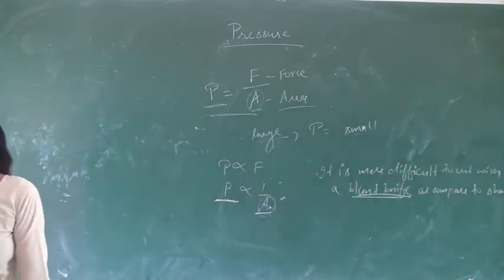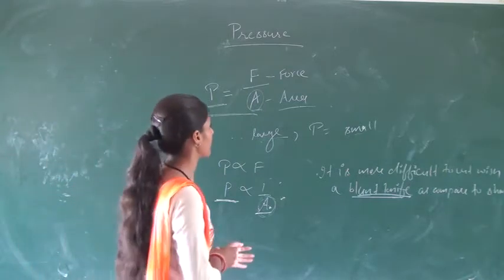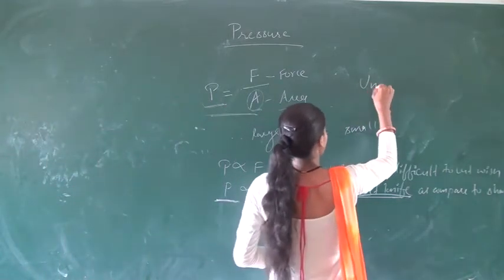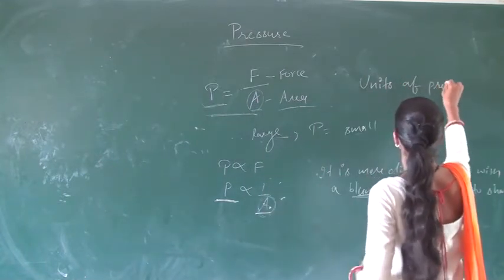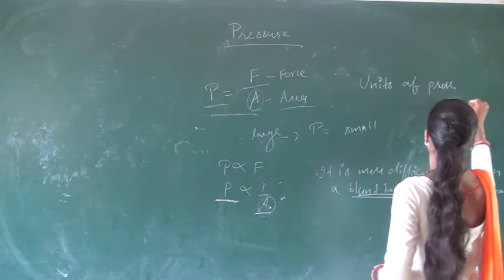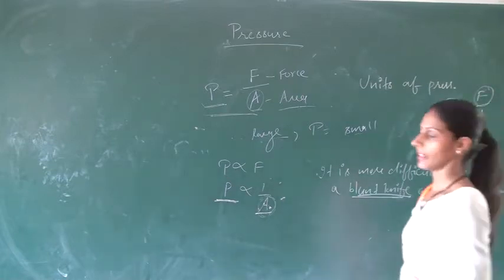After that, units of the pressure. P is equal to F upon A. Here, force is expressed in general in Newton, the SI unit, and area in meter square.